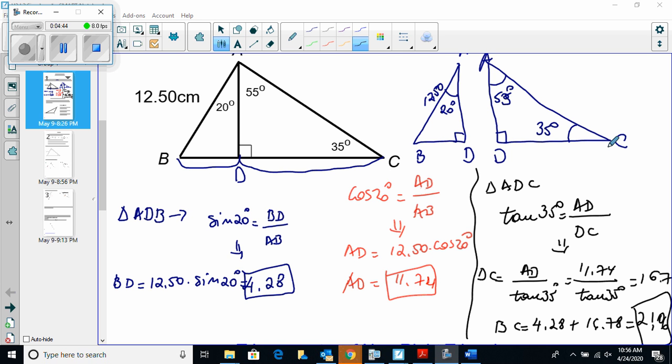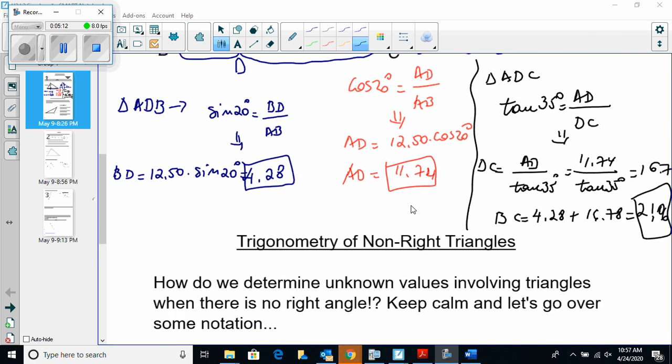Adding the two together, DB and DC, we will figure out that the length of BC is equal to 21.07. Now, if you haven't used tangent 35, you have used tangent of 55, then you should have the same answer, but in a different way.